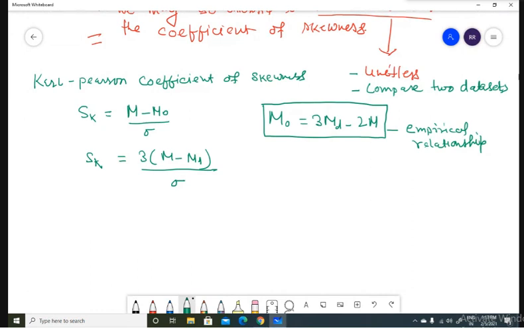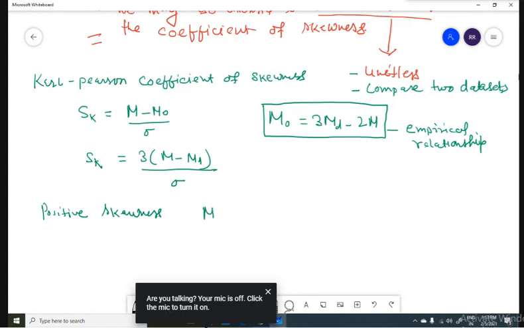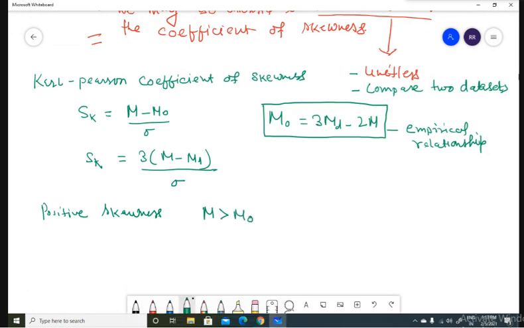so for positive skewness, mean is greater than mode, or mean is greater than median, and for negative skewness, mean is less than mode, or mean is less than median.